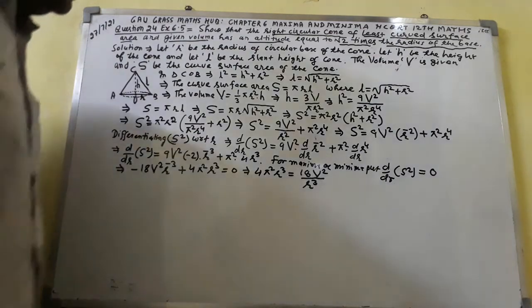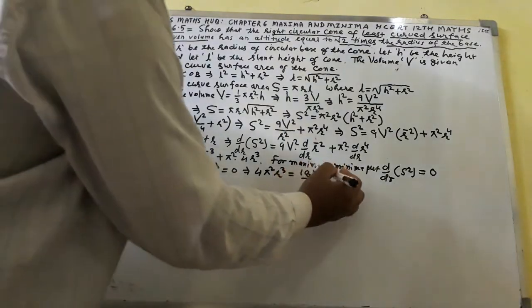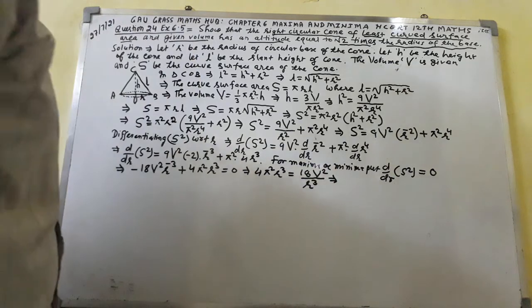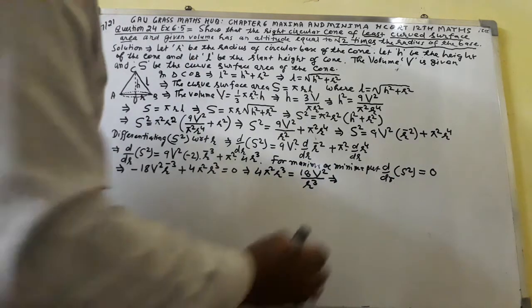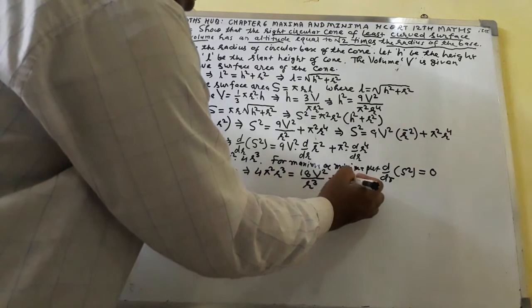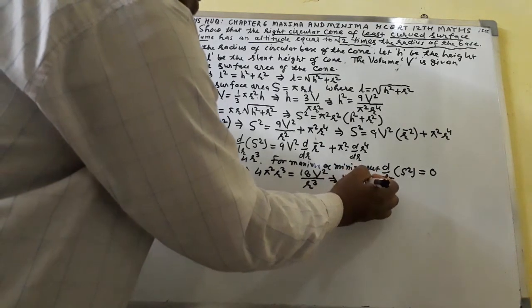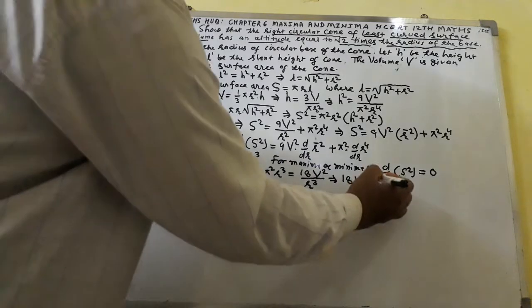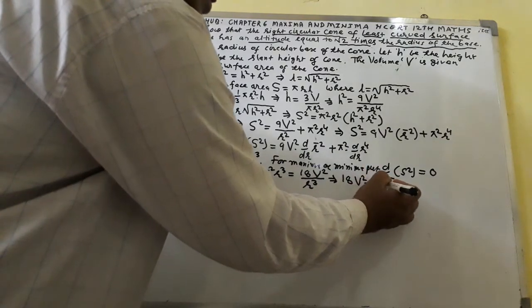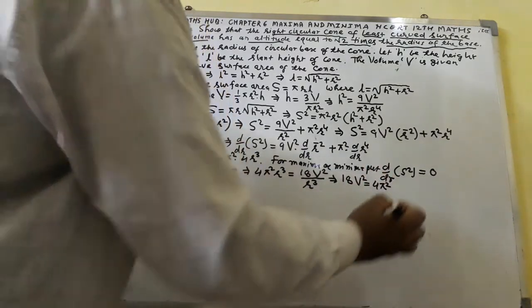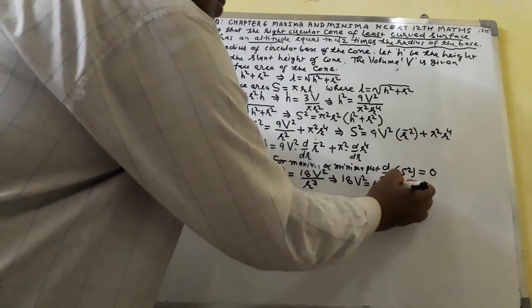So what we'll do here? Here we will get, implied that, 18 V square equal to 4 pi square R raised to the power 6. Implied that, simplify this one.